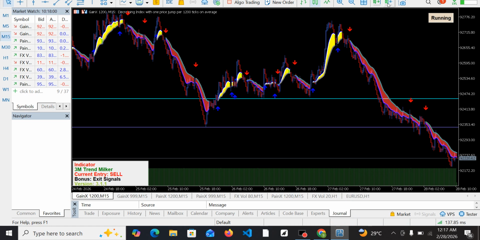This particular indicator is custom made, created by me and my team, based on the fact that we've been using a particular strategy for a while, and we noticed that the strategy has been working for us and giving us more opportunities within the market.